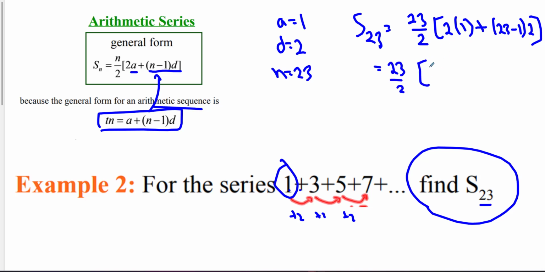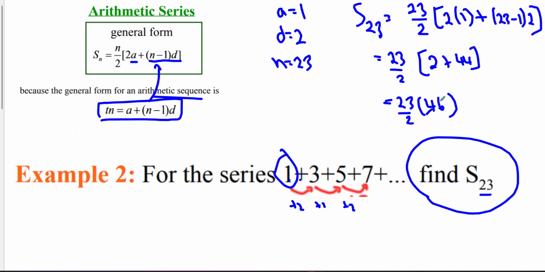Solve the bracket. That's going to be 2 plus 23 minus 1 is 22. 22 times 2 is 44. That's going to be 23 divided by 2 times 46. And obviously you can just divide that by 2, which is 23 as well.